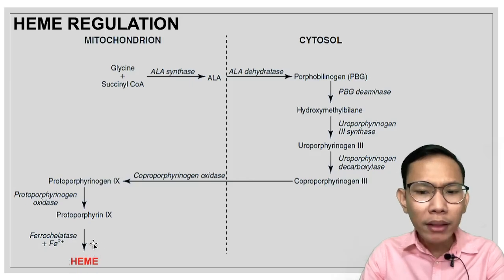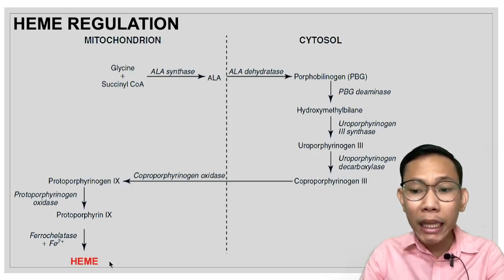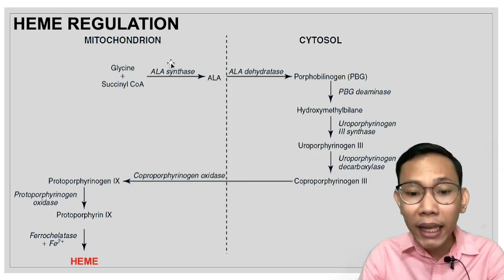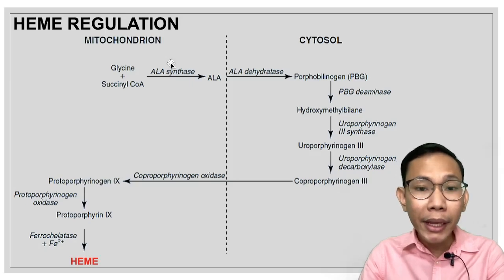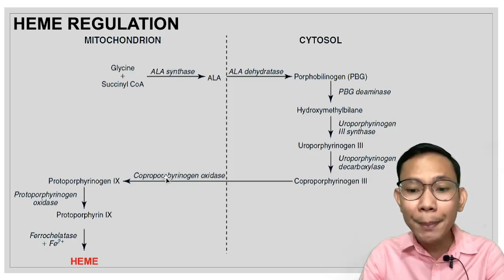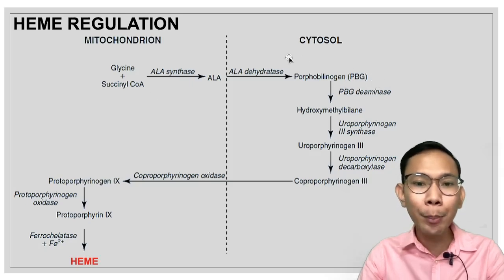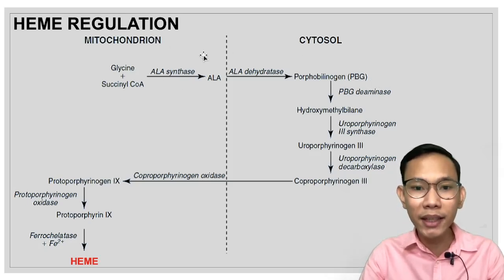Because heme inhibits the transcription of the ALA synthase gene, which leads to a decrease in heme production. So in short, there is a negative feedback mechanism. Heme inhibits other enzymes in your biosynthesis pathway, including ALA dehydratase and PBG deaminase, but primarily ALA synthase.